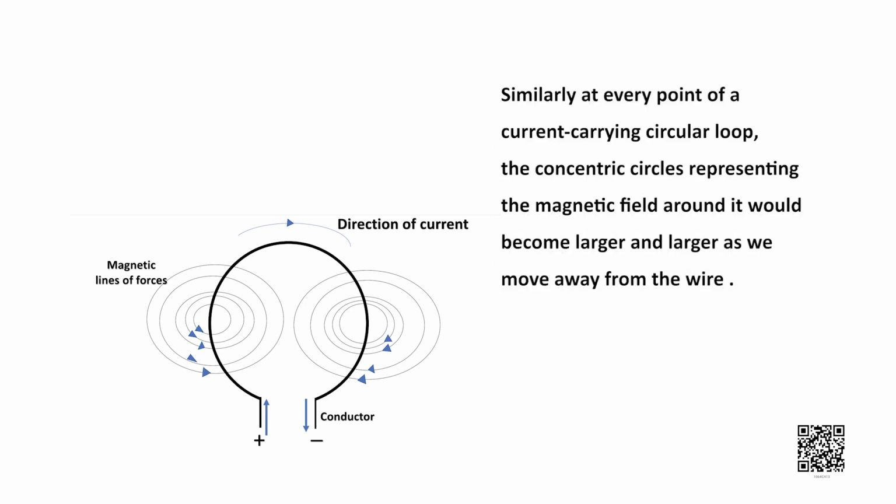Similarly, at every point of the current carrying circular loop, the concentric circles representing the magnetic field around it would become larger and larger as we move away from the wire. By the time we reach the center of the circular loop, the arcs of these big circles would appear as straight lines. Every point on the wire carrying current would give rise to magnetic field appearing as straight lines at the center of the loop.